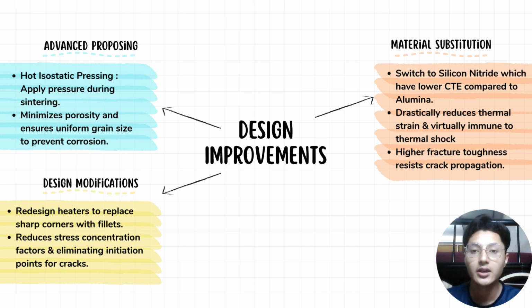And lastly, make material substitution, which is replacing alumina with silicon nitride. This is because silicon nitride has a lower coefficient of thermal expansion than alumina. It can reduce thermal strain and it has higher fracture toughness that can resist crack propagation.